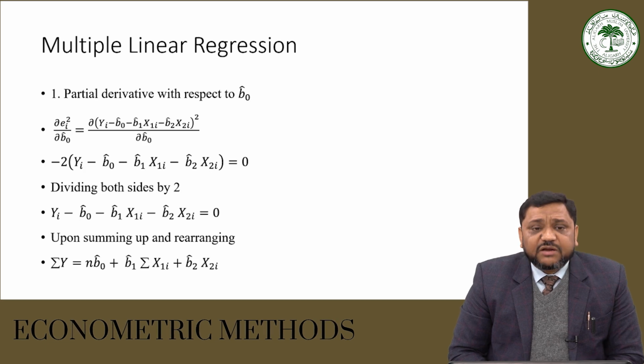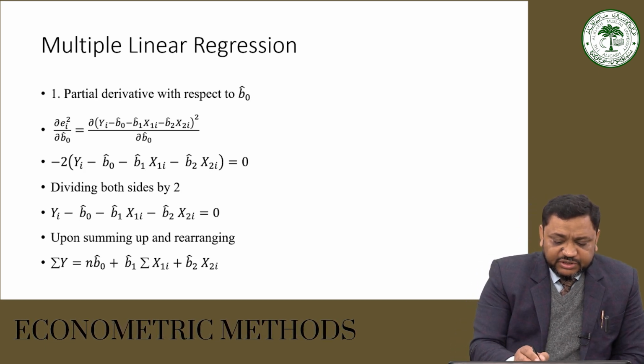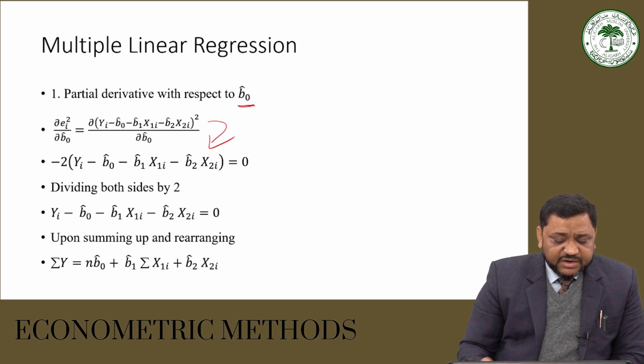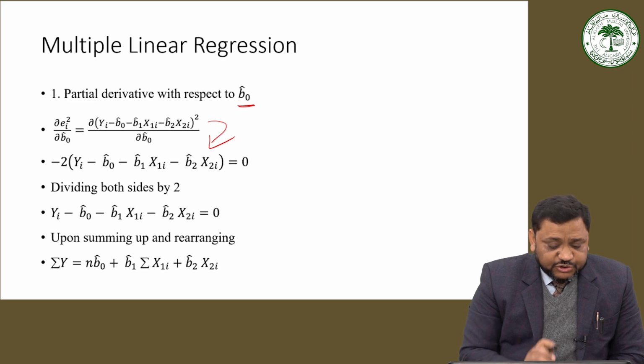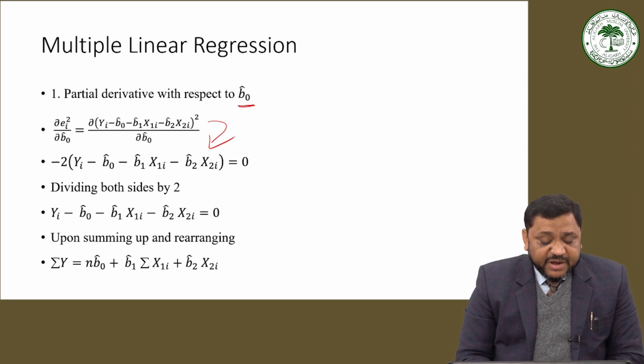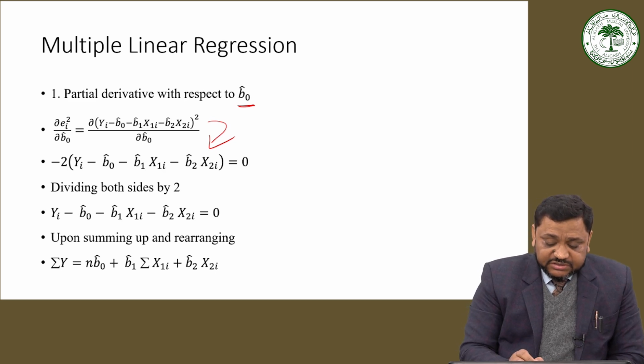Now we take individually each one of them. Say first we take the partial derivative with respect to beta naught. This equation can be written as minus 2 (yi minus b0 hat minus b1 hat x1i minus b2 hat x2i) is equal to, we equate it to 0.